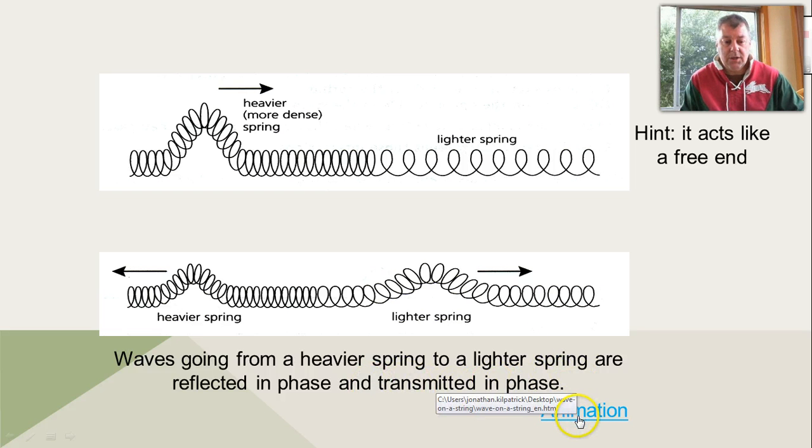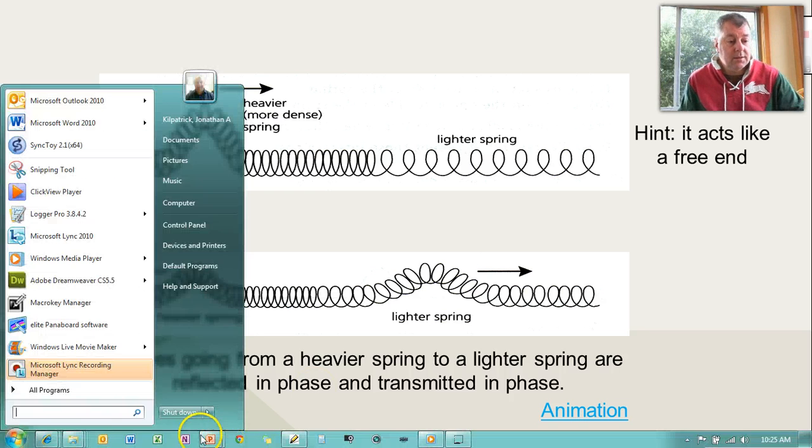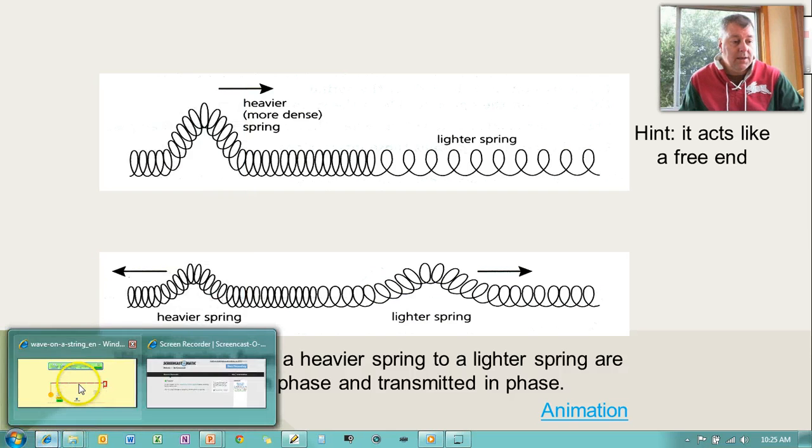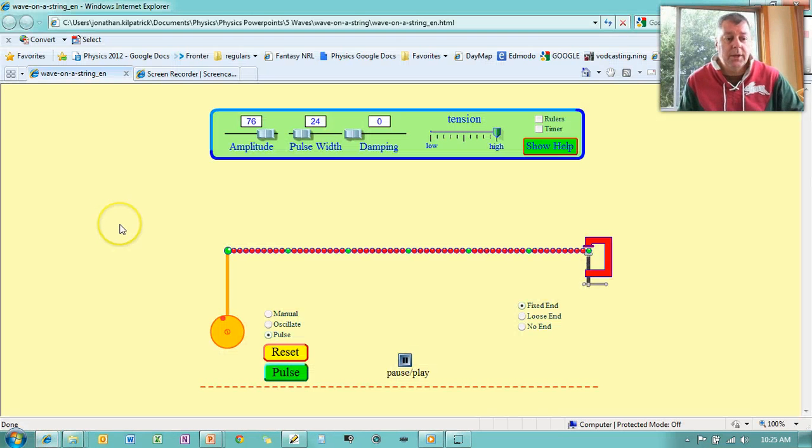Now there's an animation here. Alright, now let's see if I can bring this up. Okay, let's have a look at this. Here's a little animation, and I'll put this on the OneNote or make it available somehow, and so I'll just quickly demonstrate what it can do, and then you guys can have a play on it when you get an opportunity.